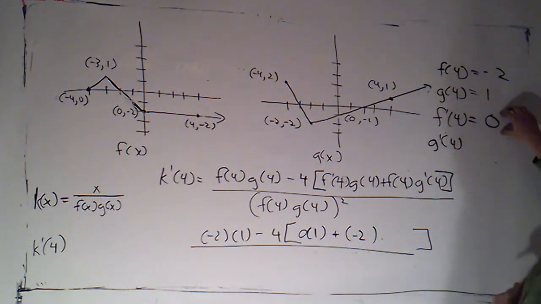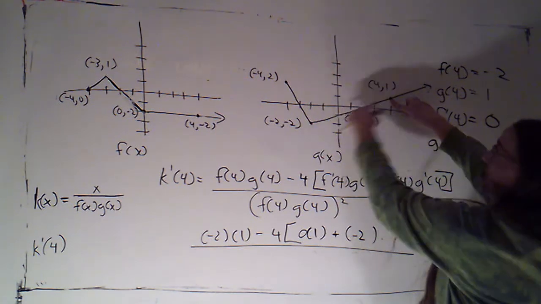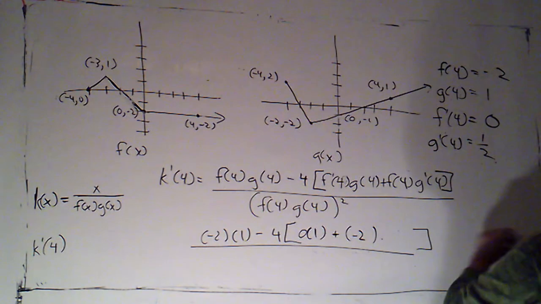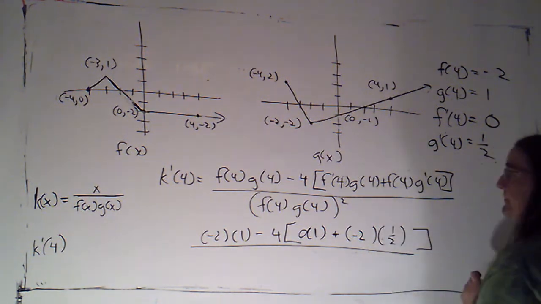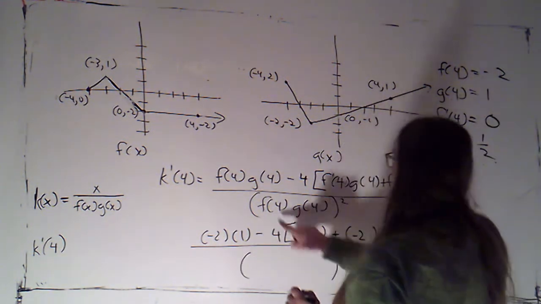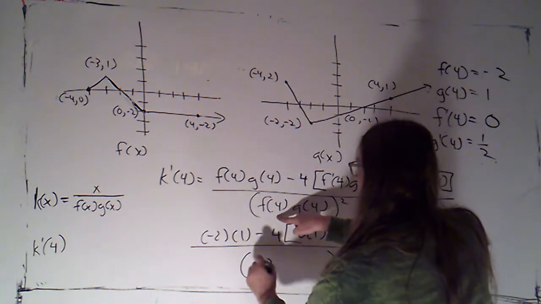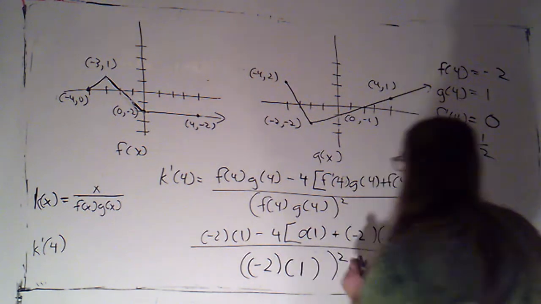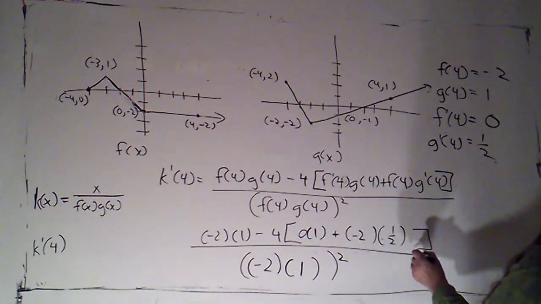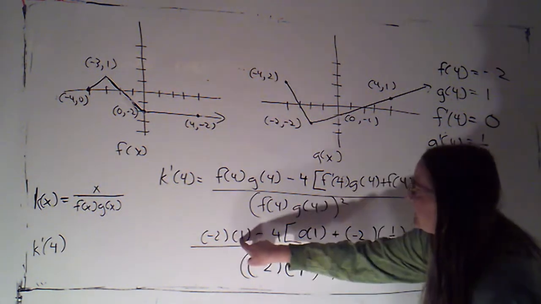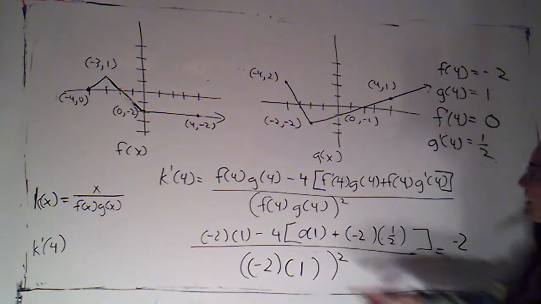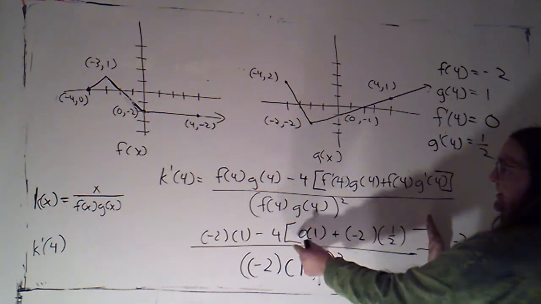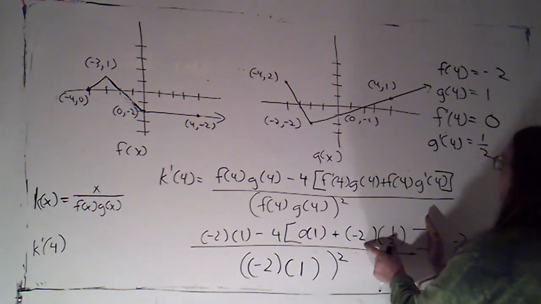Now let's calculate g prime of 4. That was part of this line, where we said the slope of that line segment was 1/2. So that'll be 1/2 all over f of 4 we said was -2 times g of 4 we said was 1, and we've got to square that. So let's see, that's going to be -2 minus 4 times what's in brackets here is going to simplify to 0 minus 1.